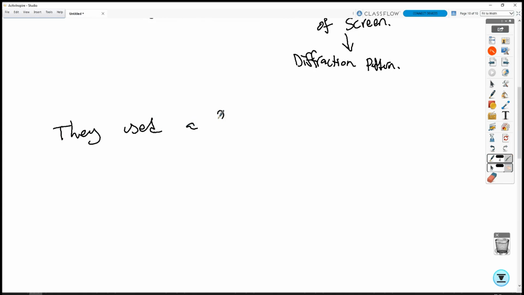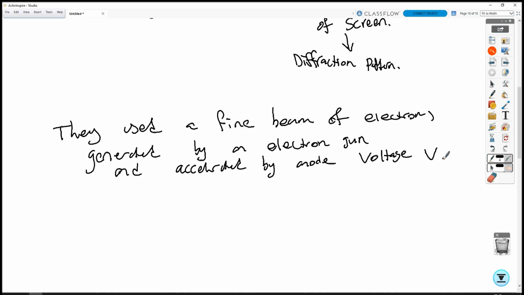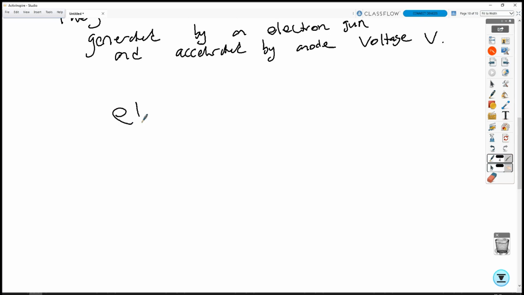So they used a fine beam of electrons generated by an electron gun and accelerated through an anode voltage V. So we use the electron gun equation first. eV equals a half mv squared.